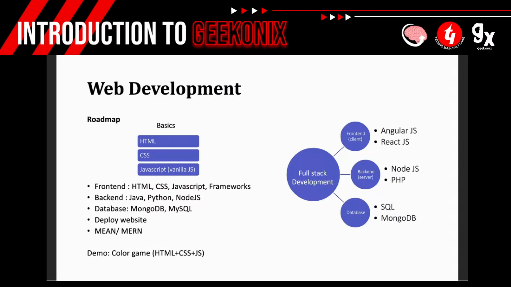So either you can be a MEAN stack developer or a MERN stack developer. MERN is M for Mongo, E for Express, R for React, and N for Node.js. MEAN is M for Mongo, E for Express, A for Angular, and N for Node.js. You can choose any one of them according to your convenience. It's totally your choice.